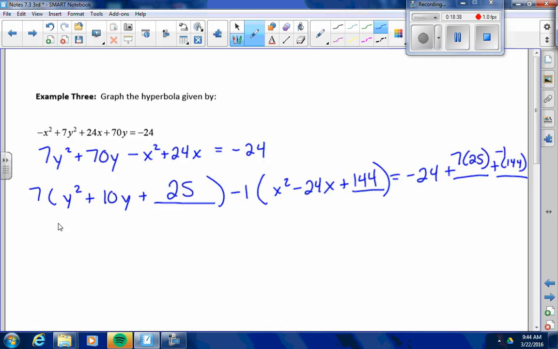Okay, so we have 7 times (y plus 5) squared minus (x minus 12) squared equals, then I have negative 24 plus 7 times 25, let's see, 175, and then negative 1 times 144 is minus 144.